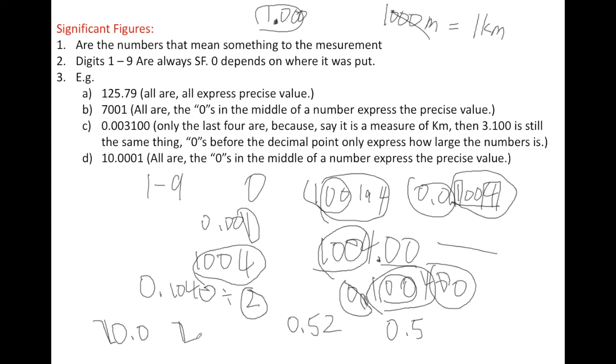So we can do 2 times 10 to the power of 1. In this case, if we want one significant figure, we can also go just 20, one significant figure. But this is just another way using scientific notation.